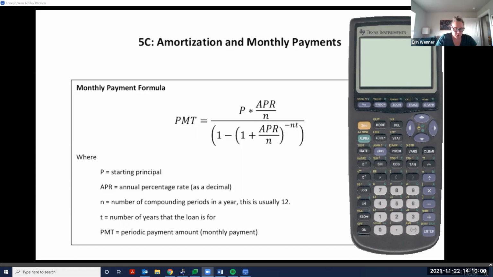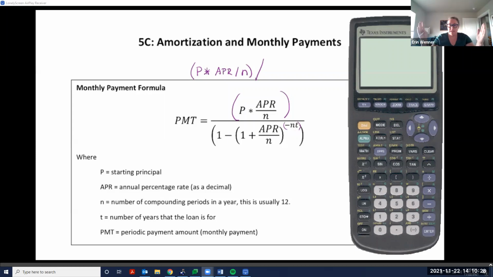When you're entering this into your calculator, make sure you put the numerator in parentheses. And then you're also going to want to put this exponent in parentheses. So when you're thinking about how am I going to enter this into my calculator, you're going to do parenthesis P times APR divided by N, and parenthesis, division symbol.